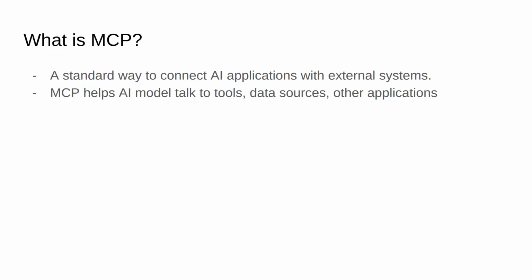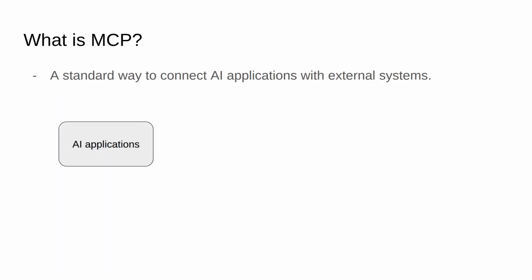First of all, what is MCP? MCP is a standard way to connect AI applications with external systems. In simple words, MCP helps AI models talk to tools, data sources, and other applications. Here, when we say AI applications, we are mainly talking about MCP clients. These MCP clients are responsible for running and communicating with MCP servers.